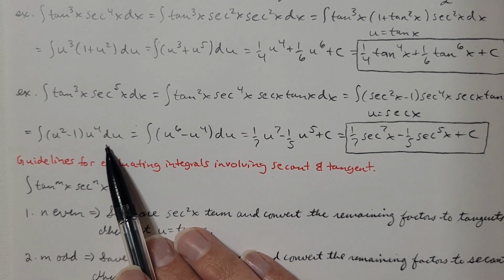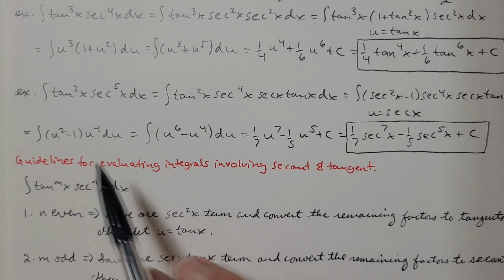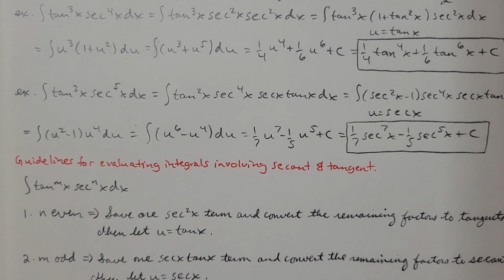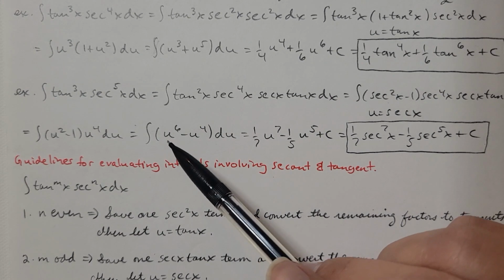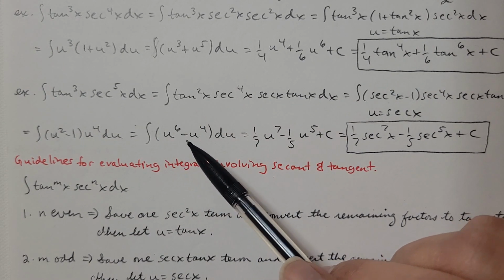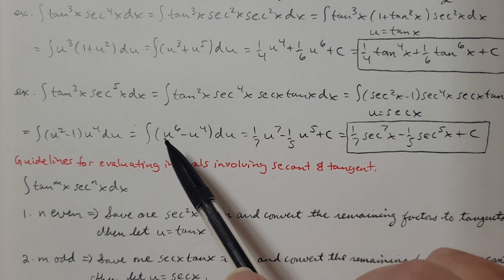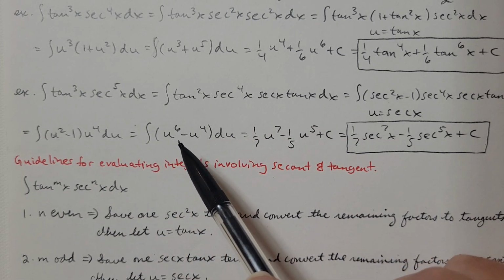Okay? And then when I distribute the u to the fourth into those two terms there, I am integrating u to the sixth minus u to the fourth. So I keep the base and add the exponents, right? So I get u to the sixth du.